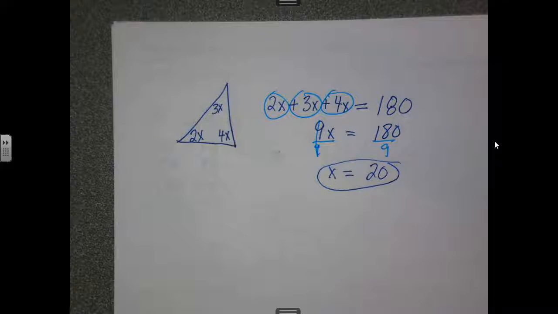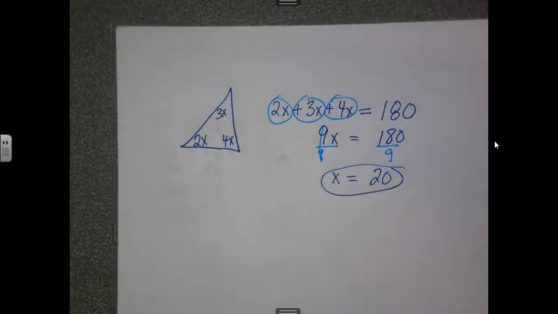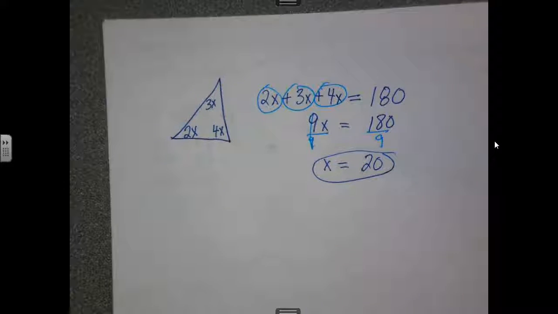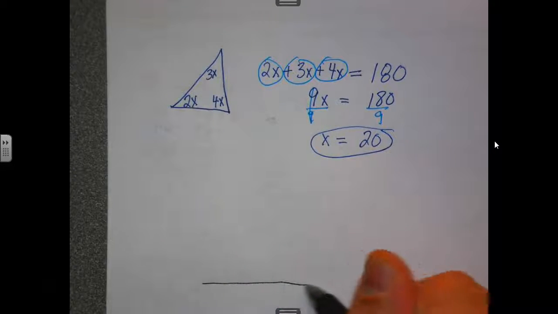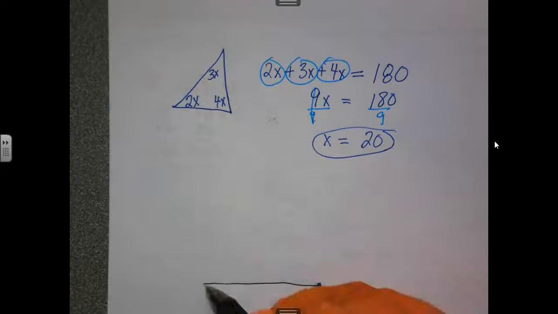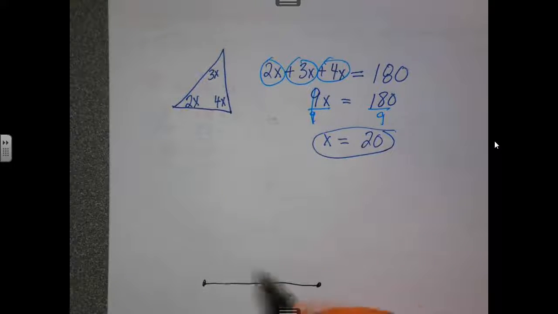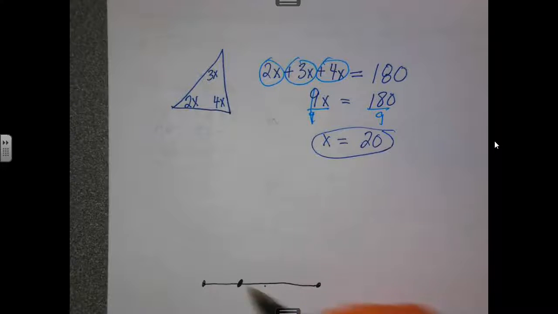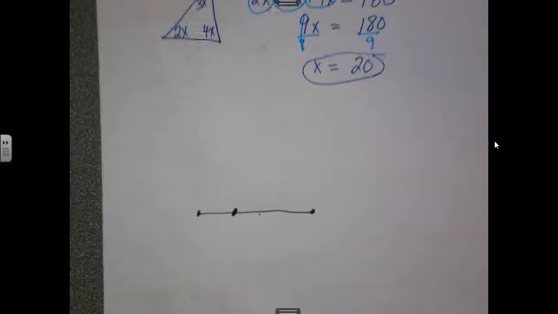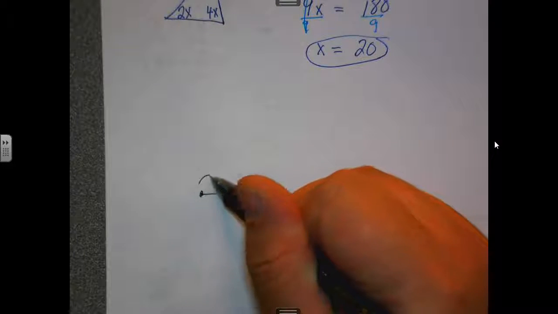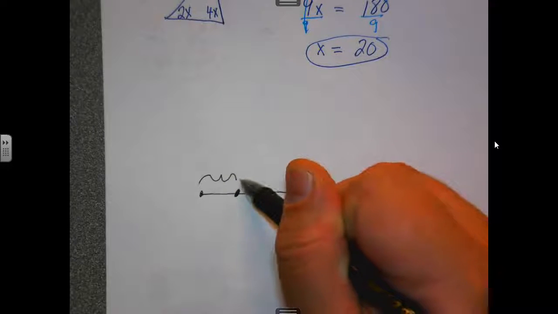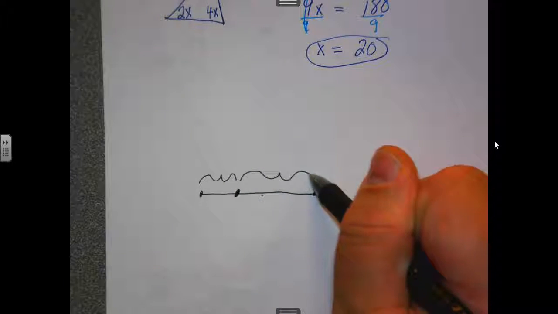Okay, we did one other type of problem. Line segments, right? If I have a line segment, sometimes we had a midpoint, but even if we don't have a midpoint, what do I know about the two little segments? Yeah, add them up.